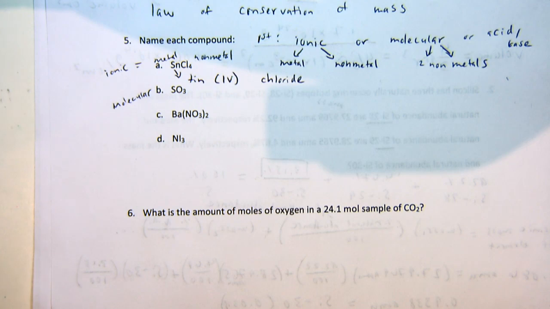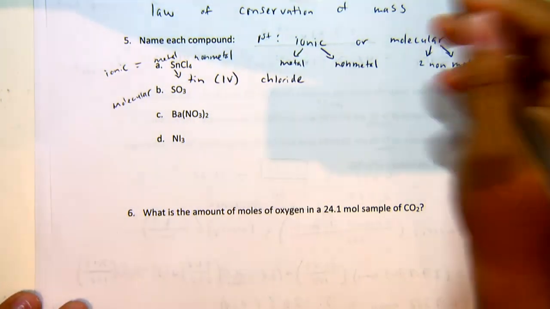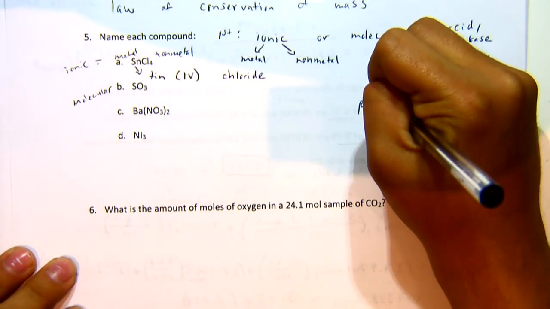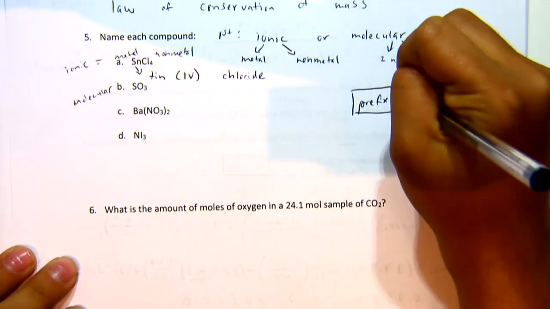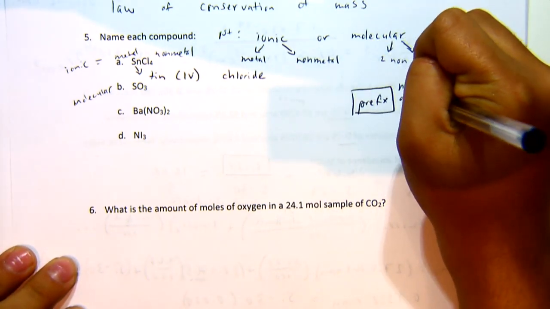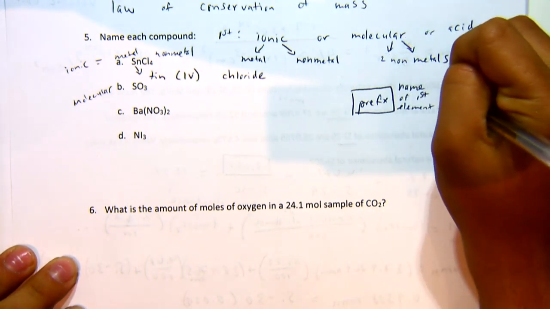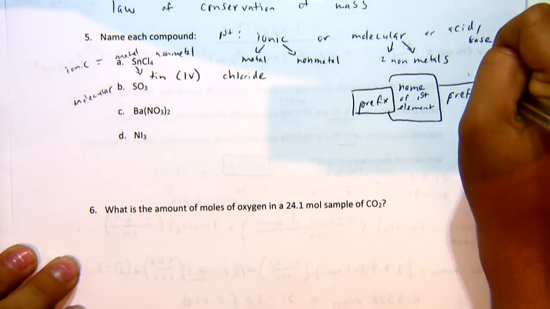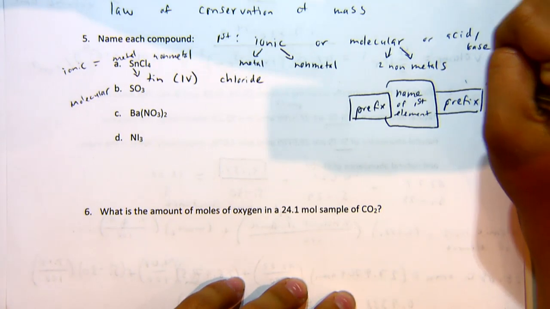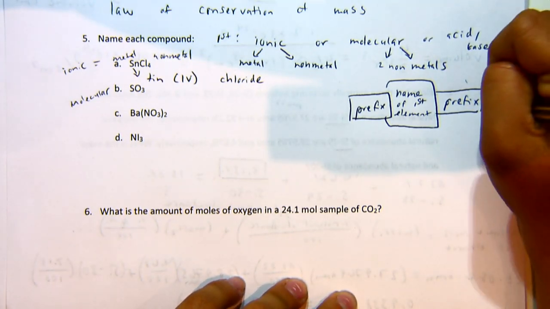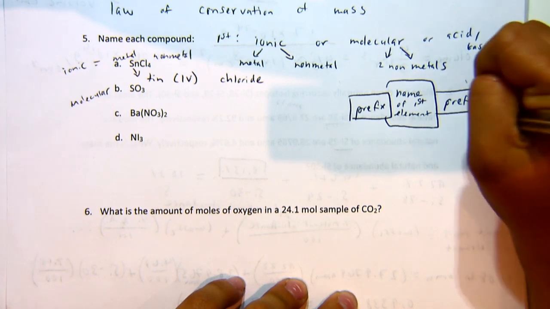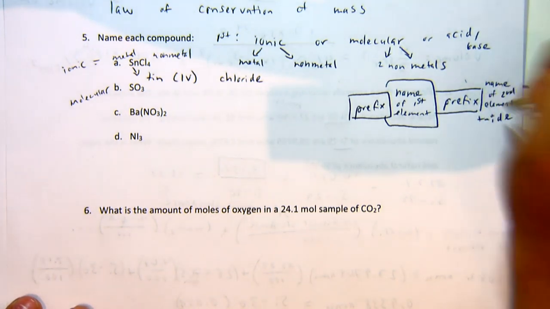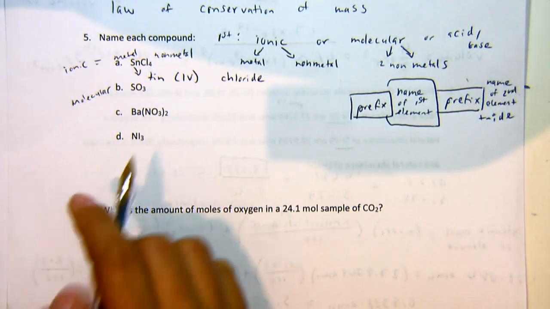And when we're working with molecular compounds, the way to think of this is, I'm going to put a little chart on the side: you're going to have a prefix, then the name of the first element, and then the prefix again, with the name of the second element, plus "-ide" as the suffix.